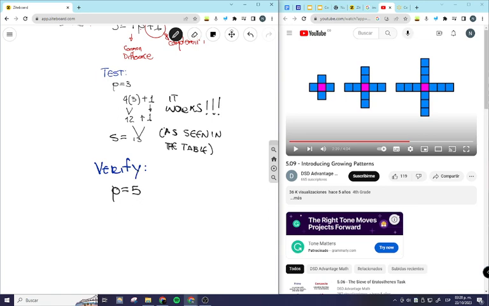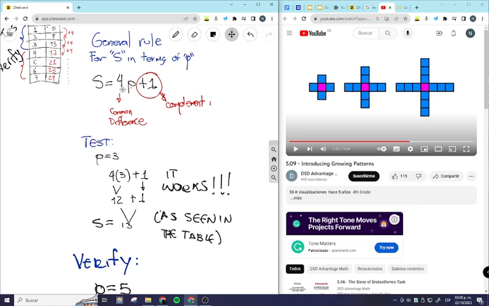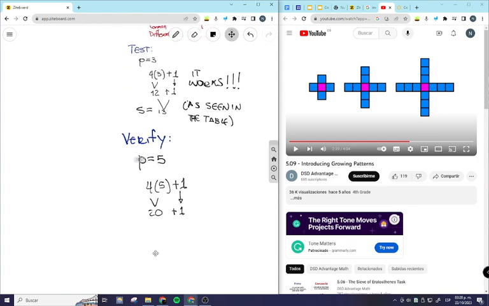So once again, you check the general rule, which is 4p plus 1 equals s, and you replace the p by the position that you want to verify. In this case, 5. 4 multiplied by 5 plus 1. That should be our s. So 4 times 5 is 20, plus 1, that would be 21.